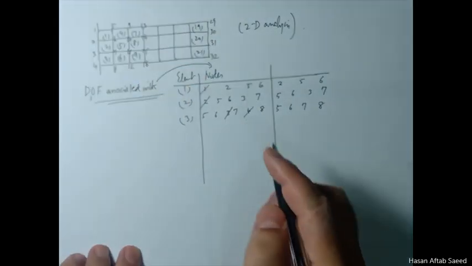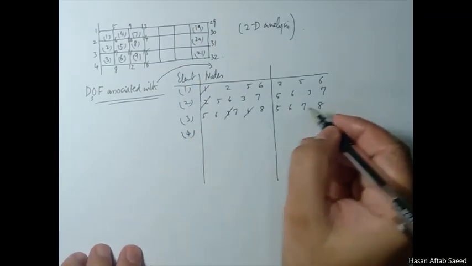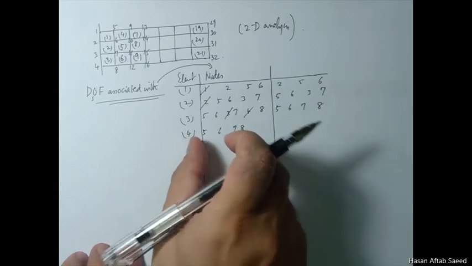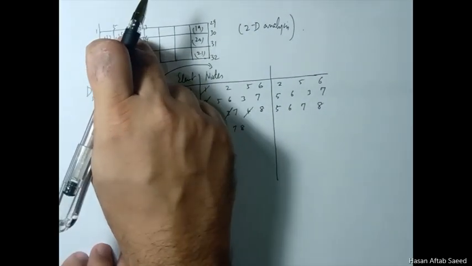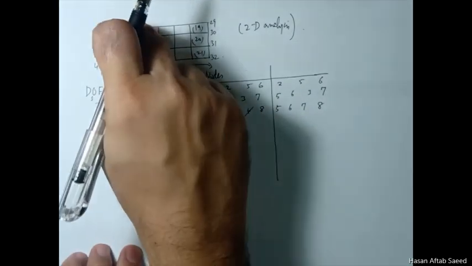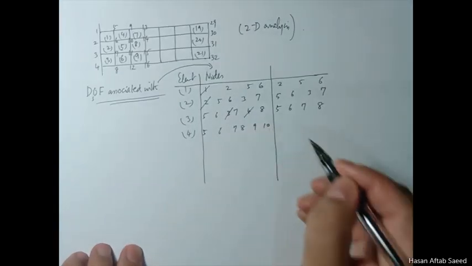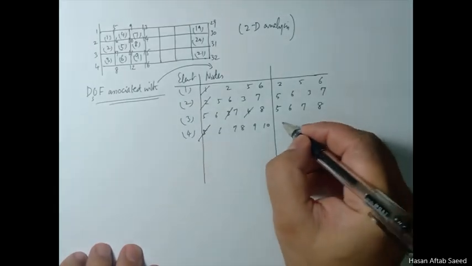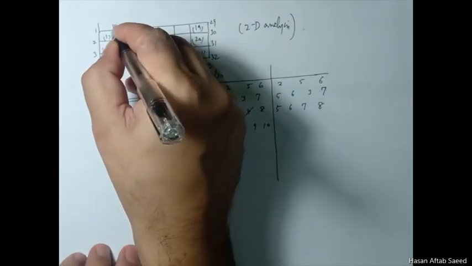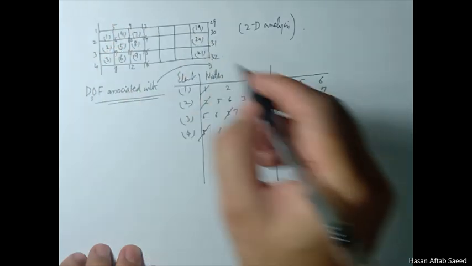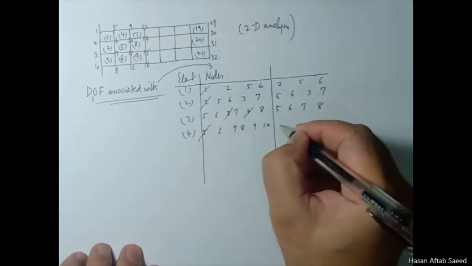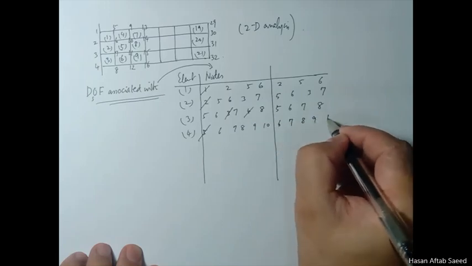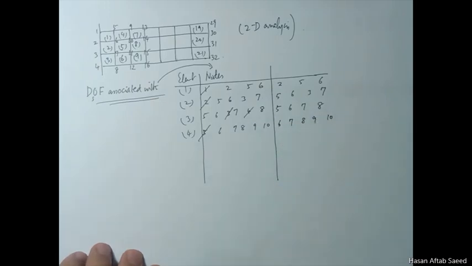Now you move to element number 4. 5, 6, 7, 8 are still alive, and for element 4 you have 9 and 10 added. But here 5 becomes irrelevant, because 5 has occurred for the last time here. 6, 7, 8, 9, 10 are those which you still have to carry in your working memory.